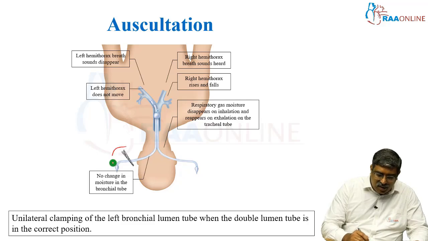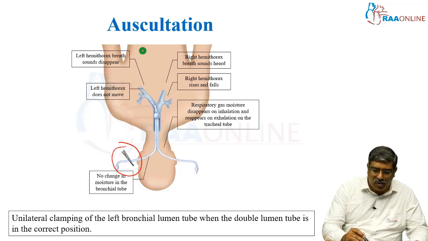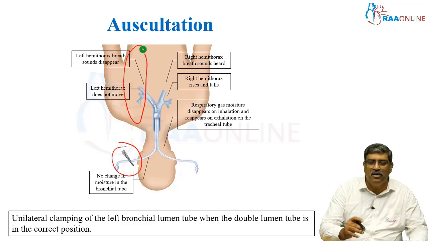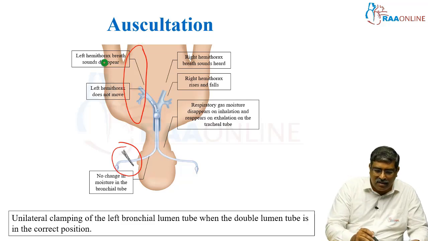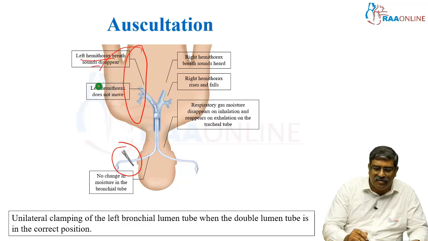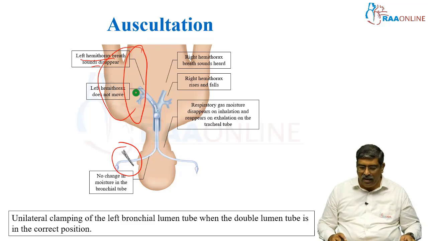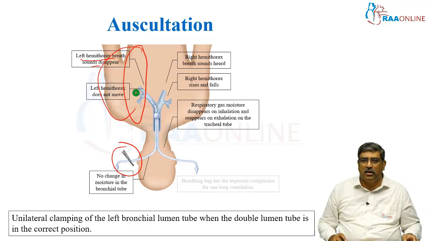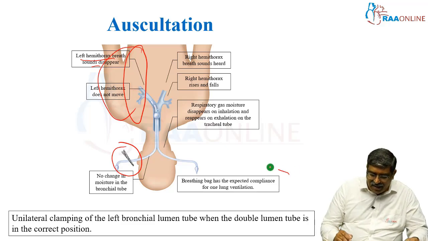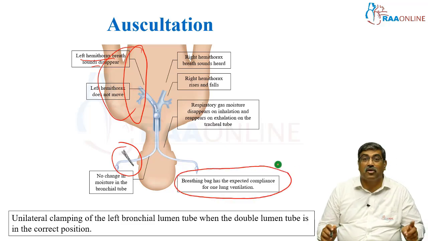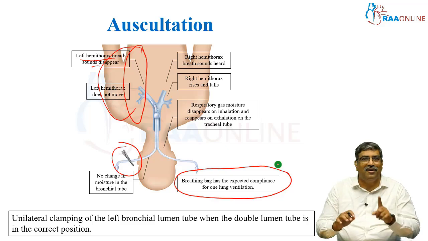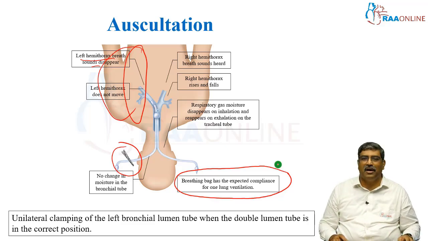As I have occluded the left bronchus, your left hemithorax doesn't move and the breath sounds on the left side disappear. That happens with the bronchial lumen occlusion, and the breathing bag has the expected compliance of one lung ventilation. That is very important to understand.